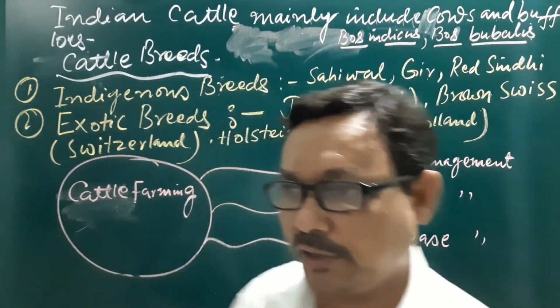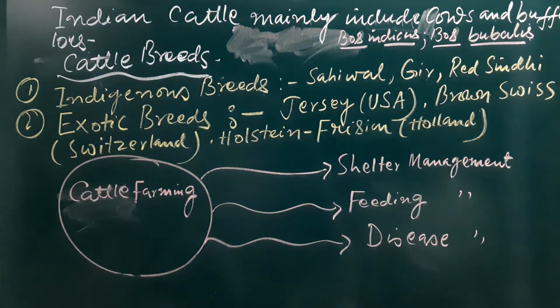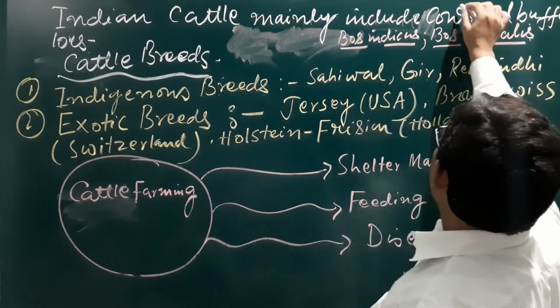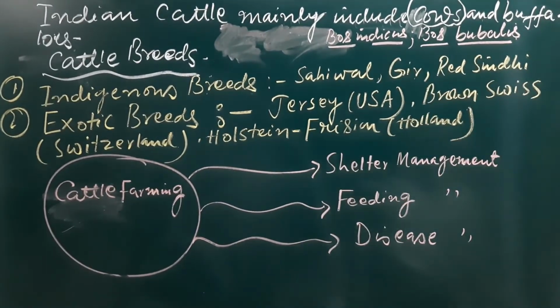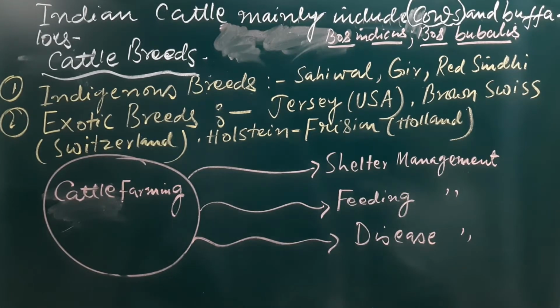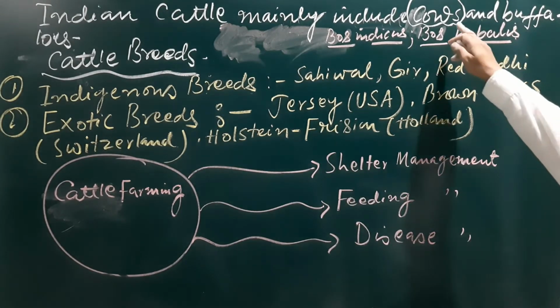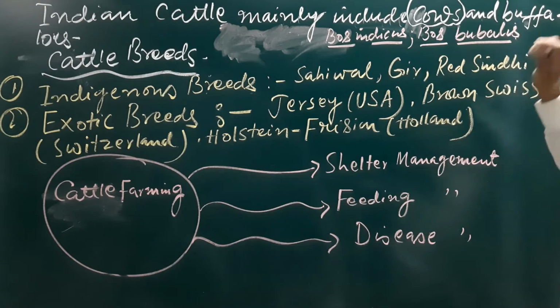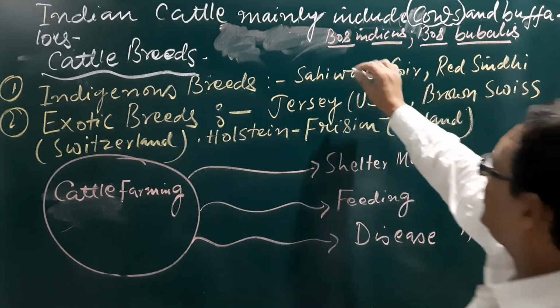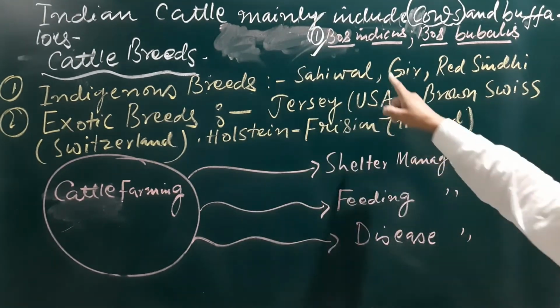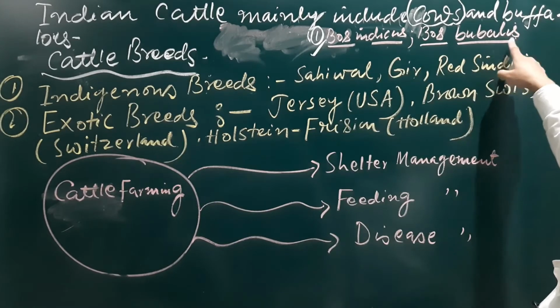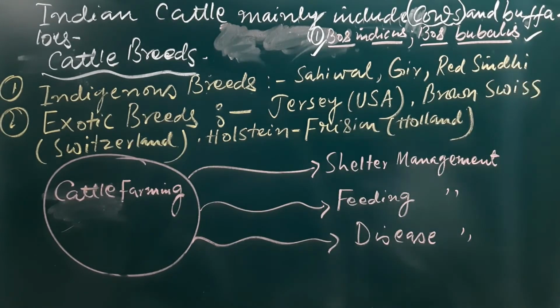In Indian cattle farming, there are two important animals, cows and buffaloes. As we are talking about milch animals, these two animals give us milk. The cow's species is Bos indicus, and the buffalo's species is Bos bubalis.